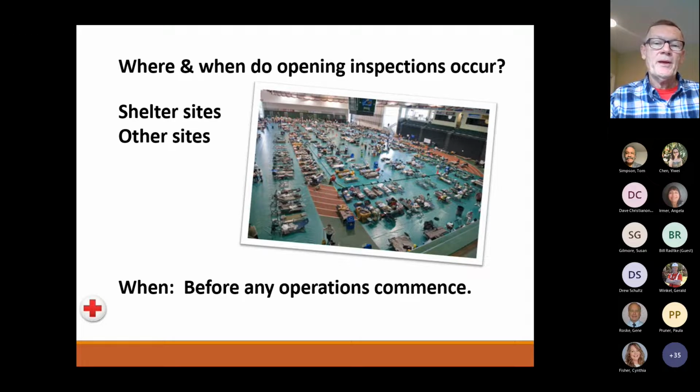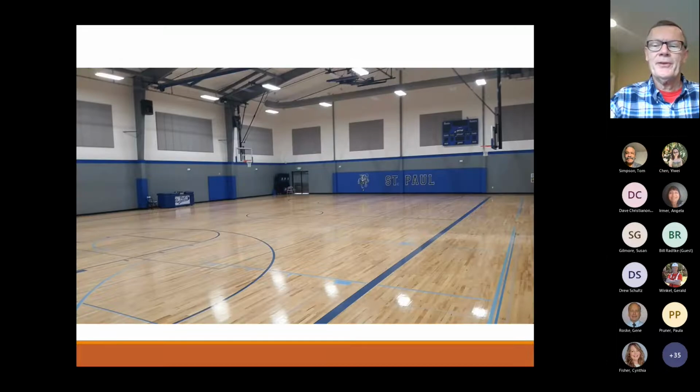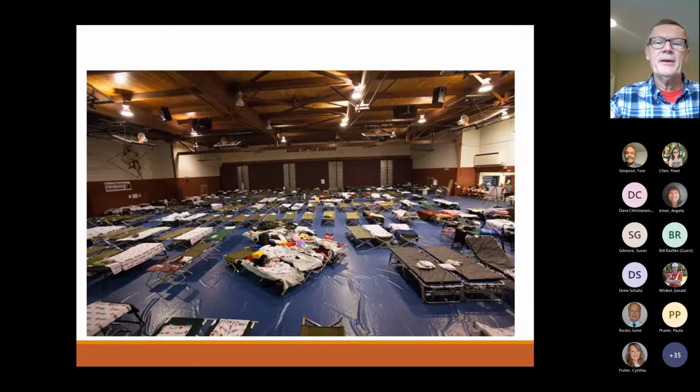As to the when, this is very important. We really want to do that opening inspection before we start any of our Red Cross operations. That's highly important, as you will be able to imagine in a minute. So this is an empty gymnasium, a typical one we might use as a shelter site. And this picture is obviously an operating shelter.